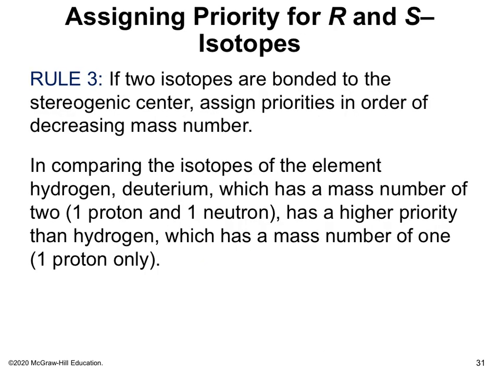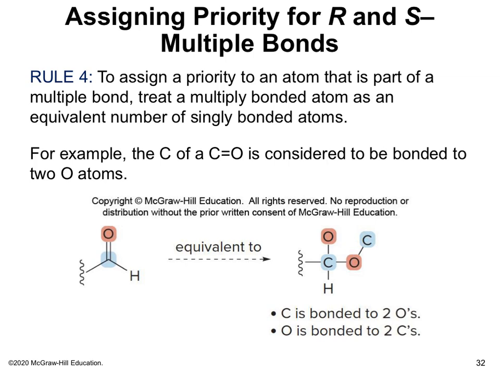If you have isotopes, that's what I was talking about with hydrogen versus deuterium, you go with the mass. Okay, so if you come out and you have a carbonyl, so you got that carbon, then you're going to have to say, okay, it's always going to be 3 because you're not going to count what it's bonded to in the past. So that carbon's bonded to an oxygen, a hydrogen. So carbon is bonded to 2 oxygens.